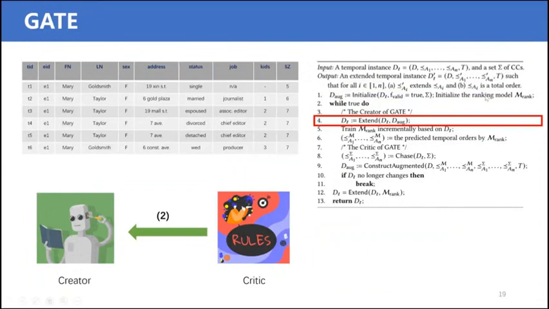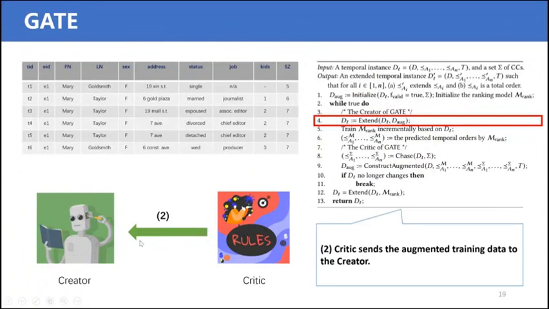Secondly, the critic extends the existing timestamps with the set of deduced time orders, DAUG. We merge them into DT, and pass DT to the creator.